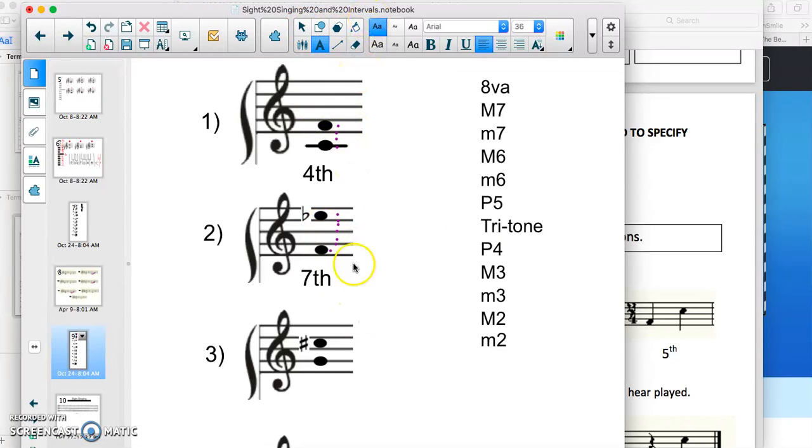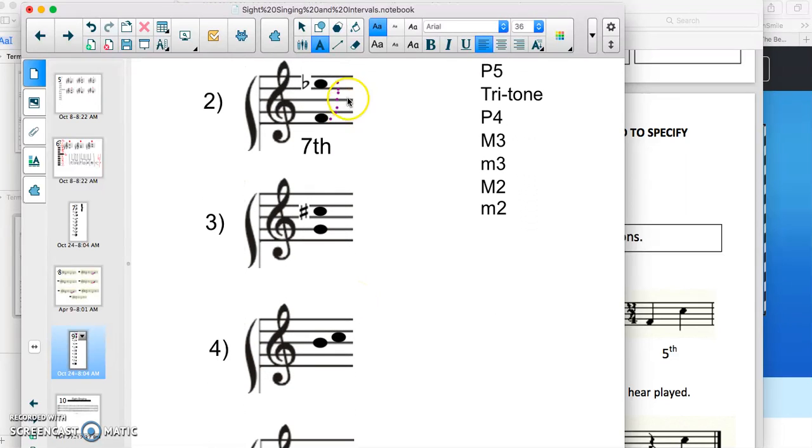And then let's do a couple more here. I'm looking at number 3. Starting on this line, 1, space is 2, 3, and that note sits on the 4th step up. Line, space, line, space. So the answer here is 4th. Remember, this sharp doesn't mean anything just yet.